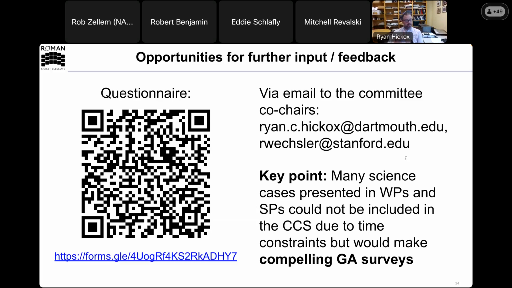And in terms of asking the ROTAC for more time, we can always advocate. At least in the way that this has gone so far, the guidance for the mission has been fairly clear as to what the allocations are for each one of the surveys.